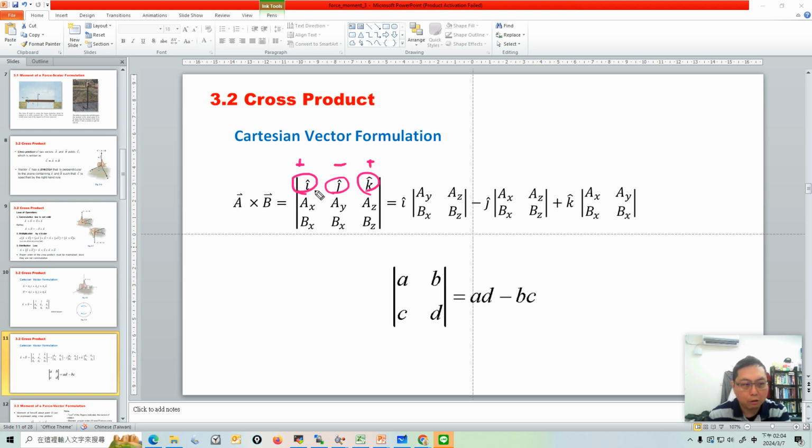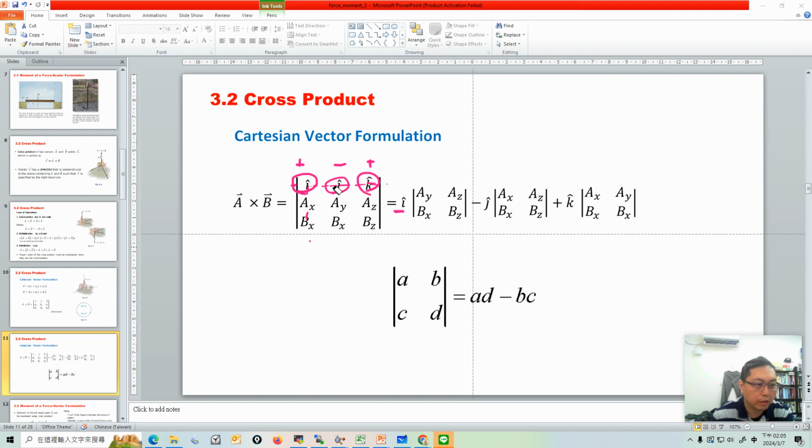So we choose I as the cofactor here, we write I, and then we block out this row and column, so you will see AY AZ BY BZ as a determinant. Okay, that finishes the first cofactor expansion.